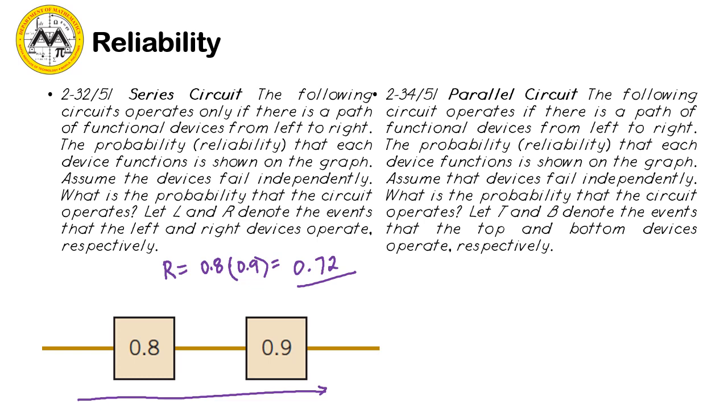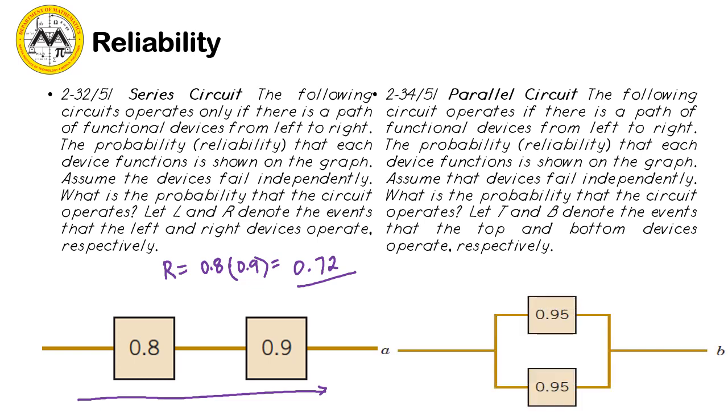Another one. The following circuit operates if there is a path of functional devices from left to right. The reliability that each device functions is shown in the graph. Let T and B denote that the top and the bottom device operate respectively.